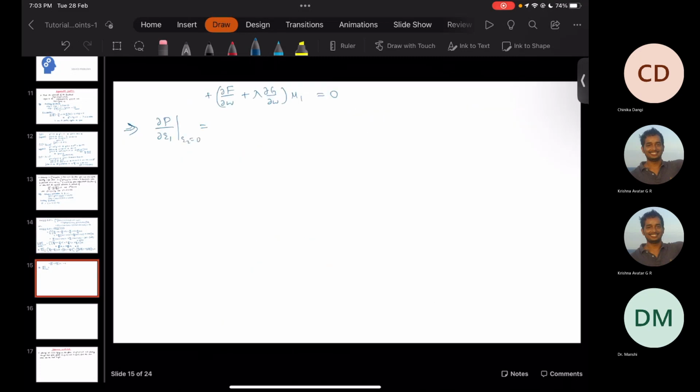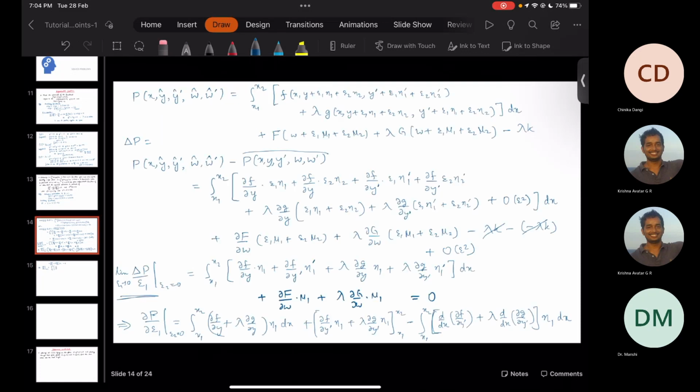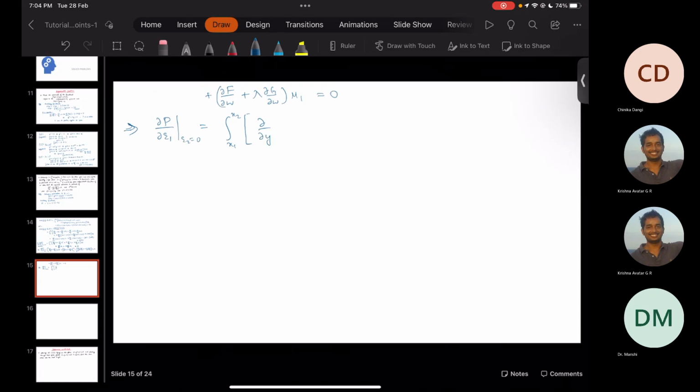And then we write the expression in a compact form, which is ∂/∂y of (f plus lambda g). Mind you that lambda is a scalar, so we don't need to worry about it. It's not a function of x, it's just a pure number.